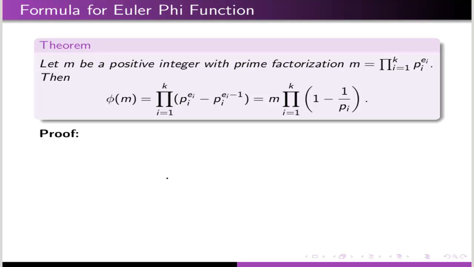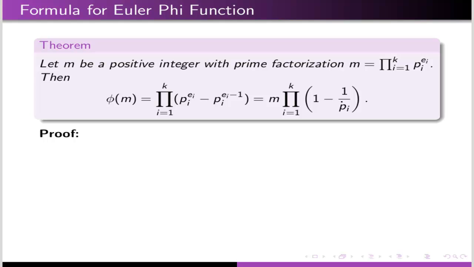And there's another way of expressing this where you factor out the m, and so you can think of the Euler phi function as being a certain fraction of the total number of integers going from 1 to m. So you'd have this product of these fractional quantities, 1 minus 1 over p_i.